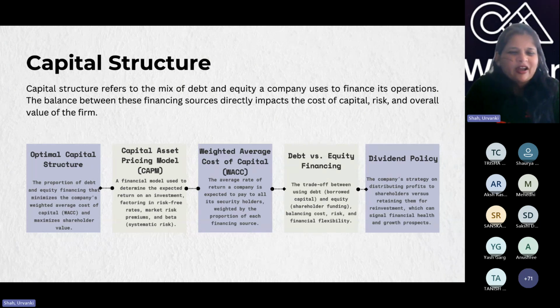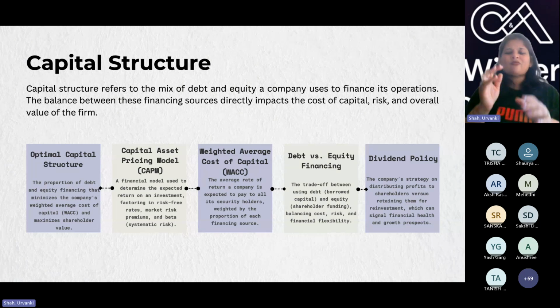Obviously, life is not great always, and economies are not as clear and black and white as we speak. So defining an optimal structure is always a challenge for any CEOs or CFOs.